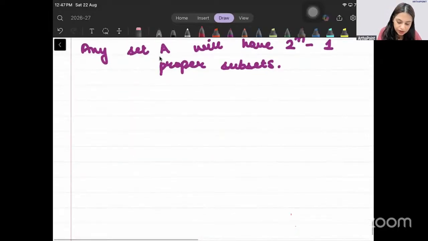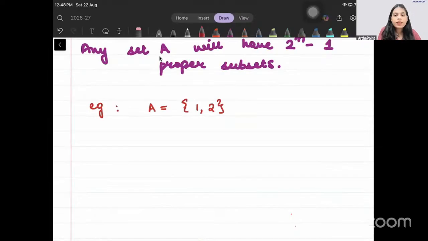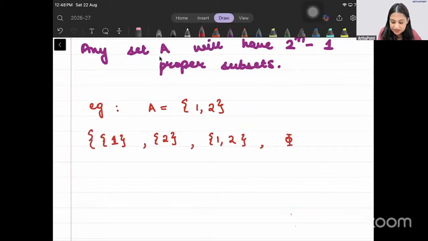So for example, if your set is 1, 2, then the subsets of 1, 2 will be 1, 2, 1, 2 and null. Null is any set which has no elements in it. It's empty.